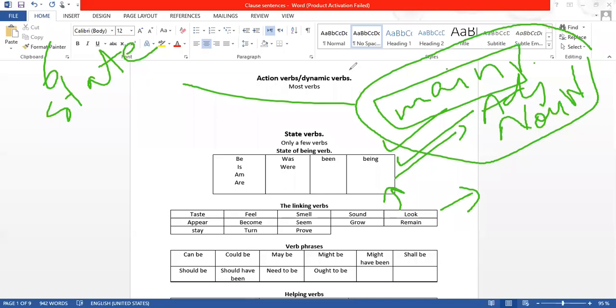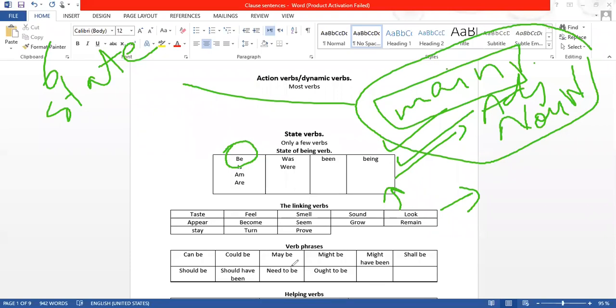See, am is also working as a linking verb. There is a difference between a linking verb and the state of being, which is just one word. Remember, that is the be verb. We call it the be verb, and the others are different forms of it: be, was, and been.